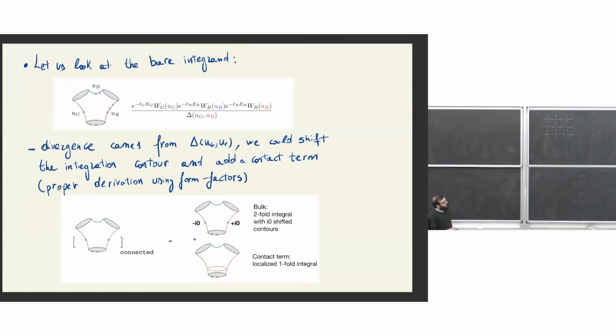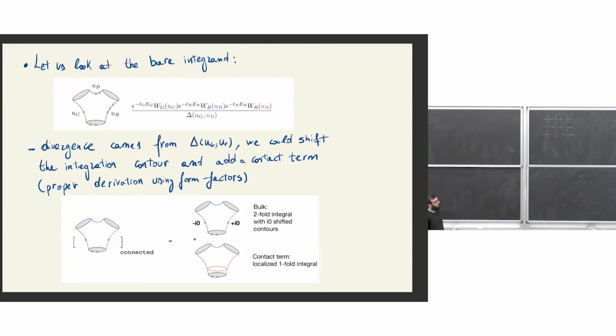So before integrating and before summing, this is the integrand that you want to have, and then if you want to do perturbation theory, you can expand it to whatever order you want, and then you will construct all the other contributions that I was writing before. Then you will need to do this integration. And the problem is exactly in this propagator under here, which more or less scales as (UG minus UR) squared, and this gives you a pole. So this gives you something that is divergent, and you need to cure it.